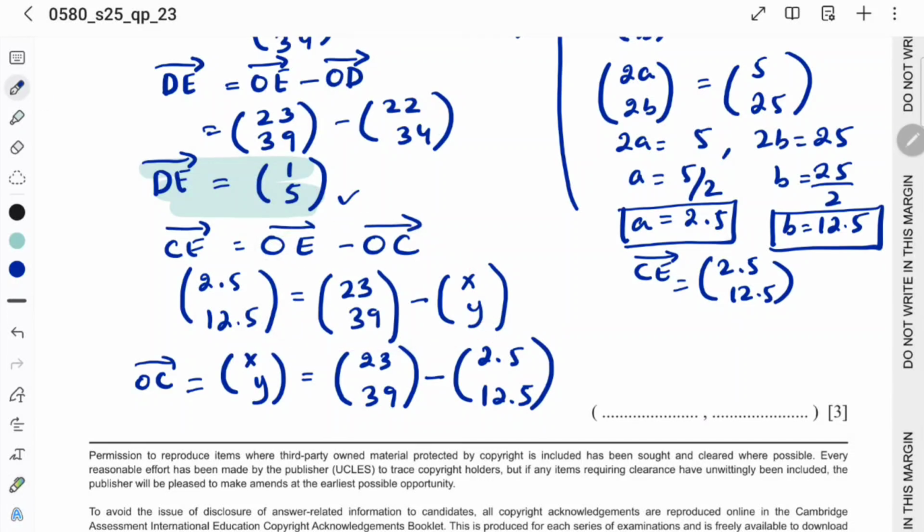So 23 minus 2.5 is 20.5 and 39 minus 12.5 is 26.5. So you can write 20.5 and 26.5 for this question. If you write it as fractions, that is 41 upon 2 and 53 upon 2.